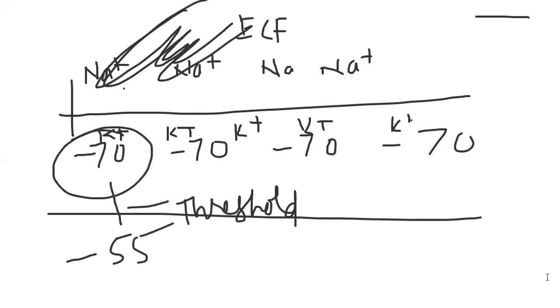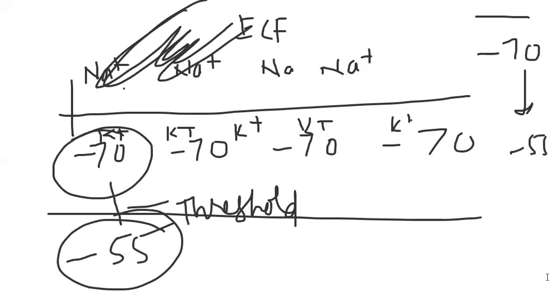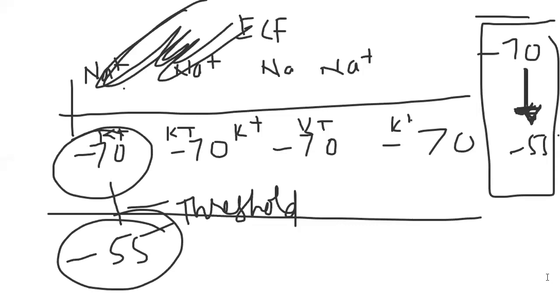So that is the first step happening here. Minus 70 to minus 55: is the charge increased or decreased? The charge increased. That increasing charge opens the sodium gates, and the influx of sodium ions starts inside.